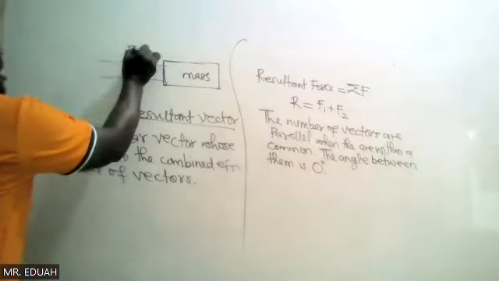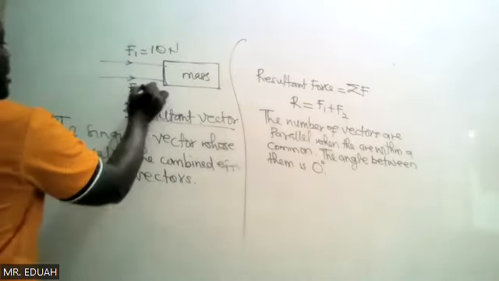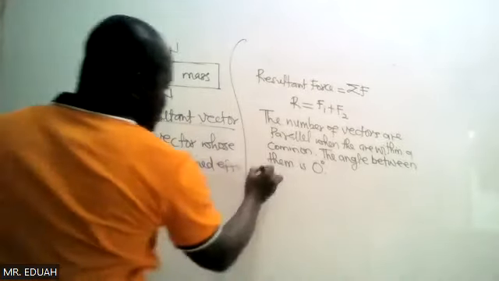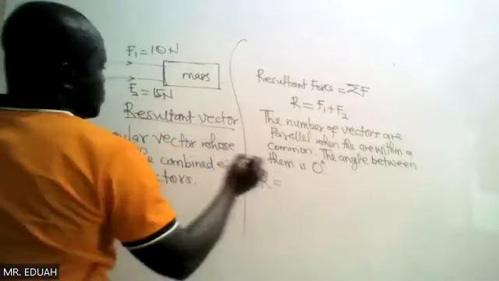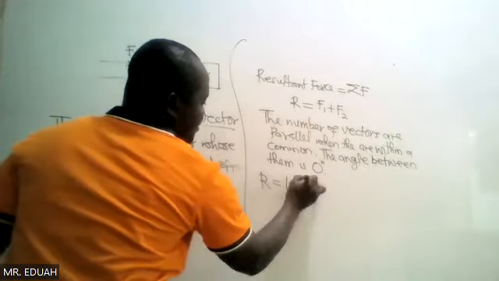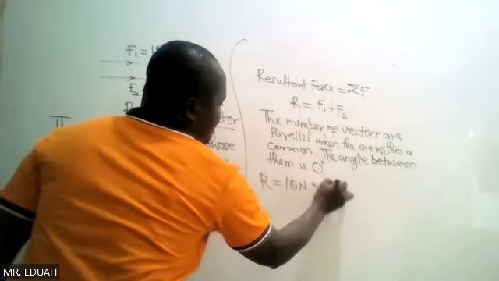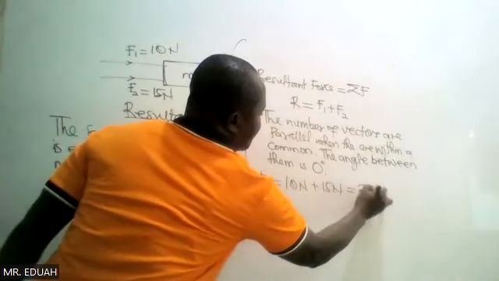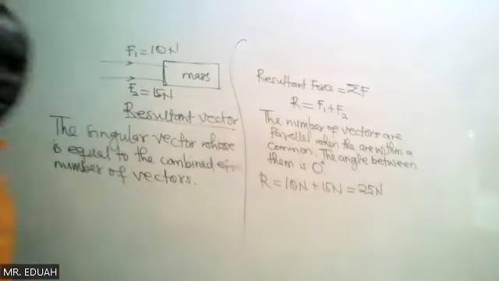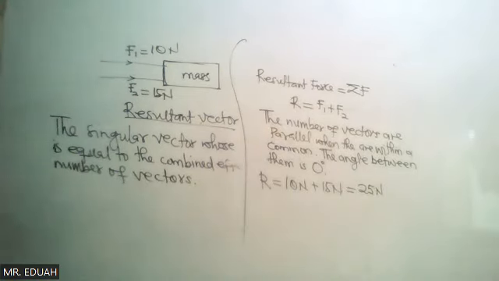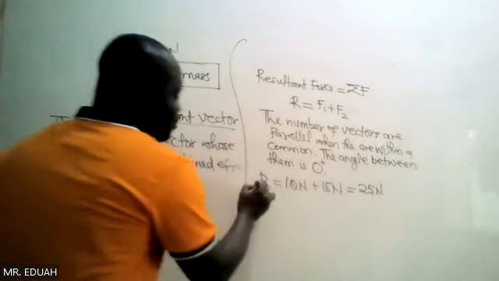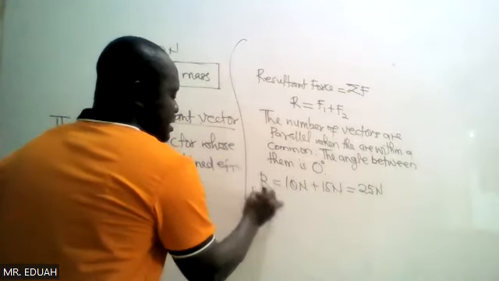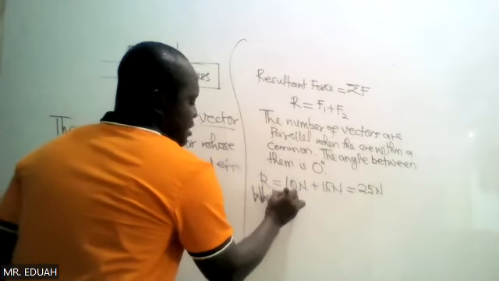So let's assume this is 10 Newton and this is 15 Newton. Then the resultant will be equal to 10 Newton plus 15 Newton, which will give us 25 Newton. The next possible question is, what will be the direction of the resultant force?